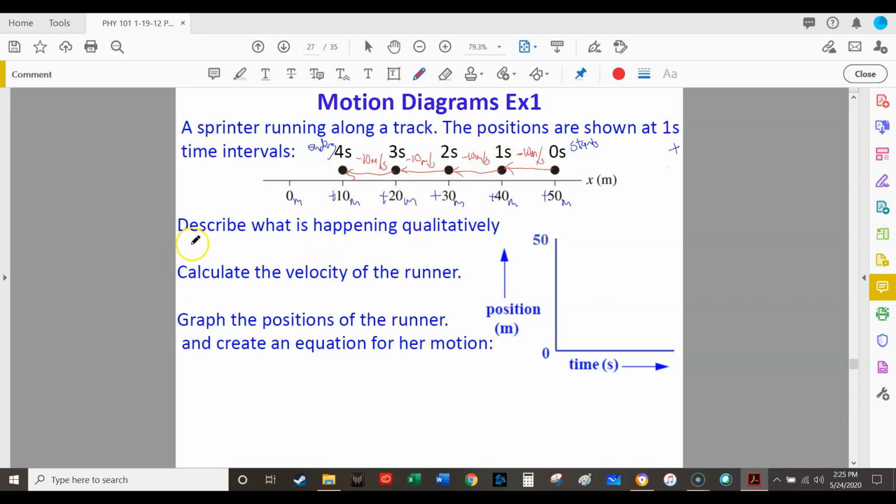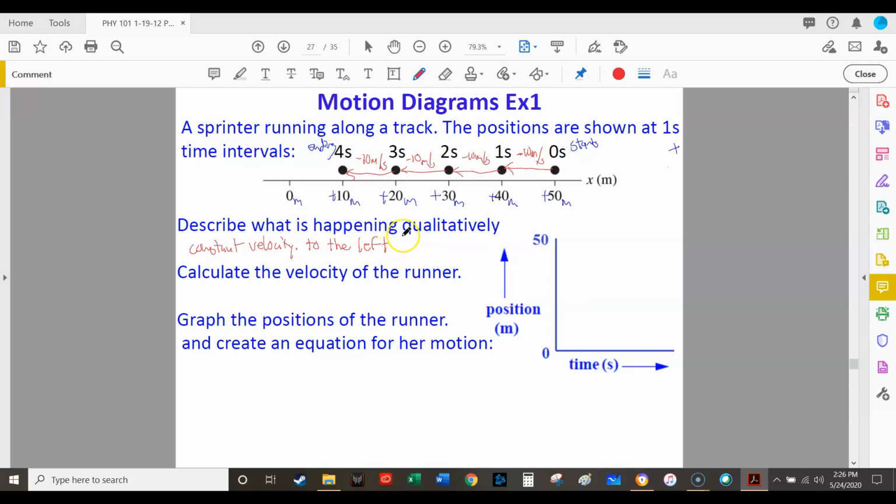So this looks like an object traveling at a constant velocity, meaning it's not speeding up nor slowing down. It looks like it's just got the same speed to the left.